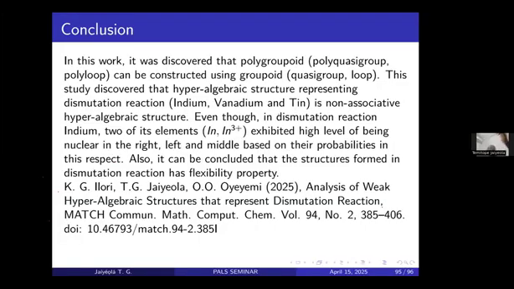So in conclusion, in this work, it was discovered that polygroupoid, polyquasigroup, and polyloop can be constructed using groupoid, quasigroup, and loop. And in this study, we discovered that the hyperalgebraic structures representing the dismutation reaction for indium, vanadium, and tin are non-associative hyperalgebraic structures, even though in the dismutation reaction, indium and 2 of the elements exhibited a high level of being nuclear on the right, left, and middle based on their probabilities.